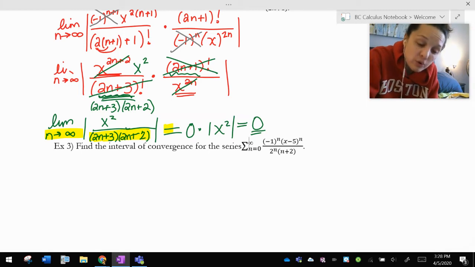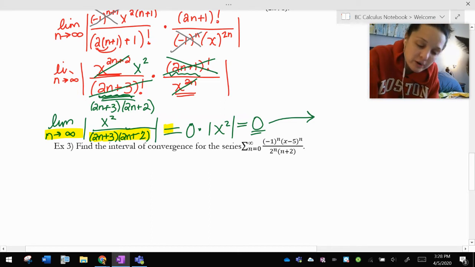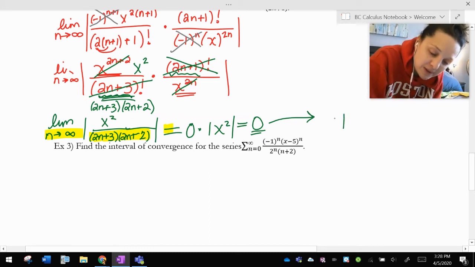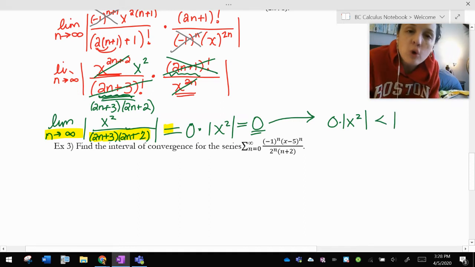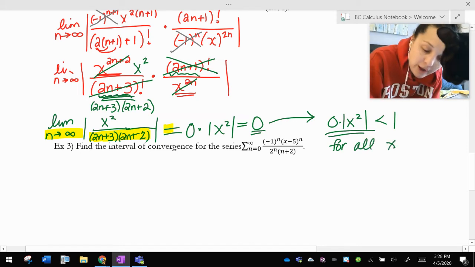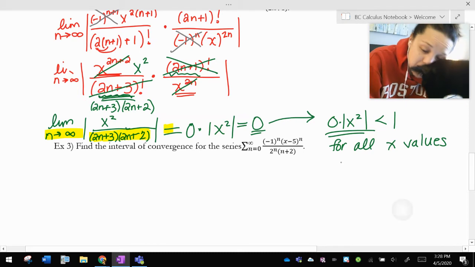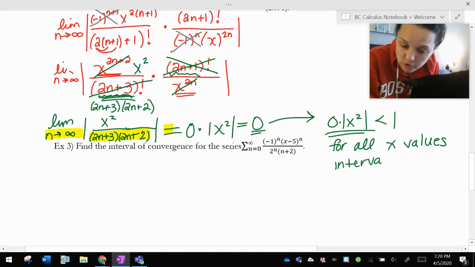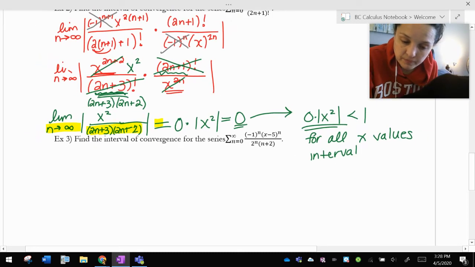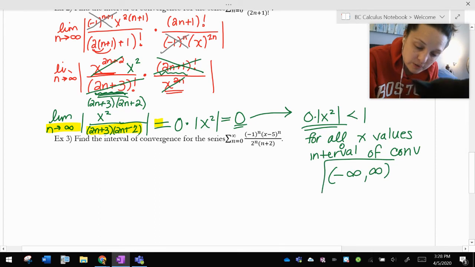So my interval of convergence is going to be all real numbers, because what I'm truly trying to figure out is, if 0 times the absolute value of x squared is less than 1, it's always less than 1. This is going to be true for all x values. And if that's true for all x values, that means my interval of convergence is all real numbers.